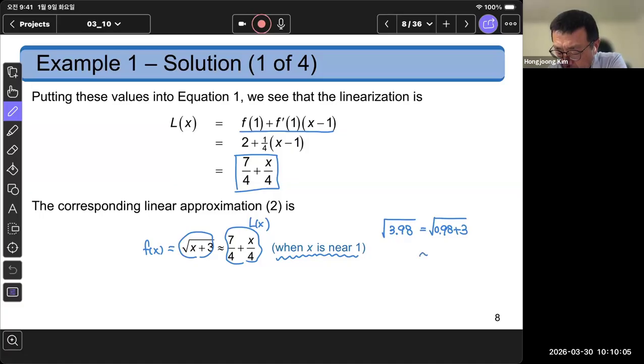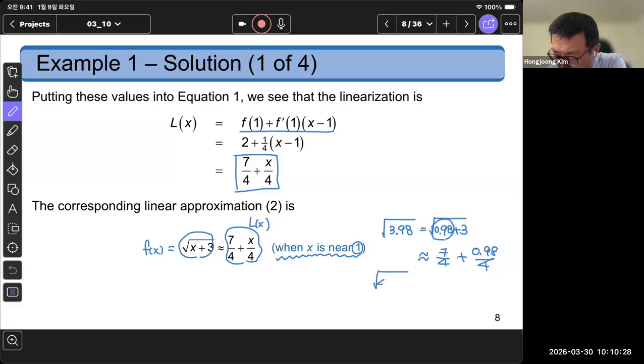So that is approximately the square root of 7, and this 0.98 is quite close to 1. So that will be approximated by 7/4 plus 0.98 over 4.